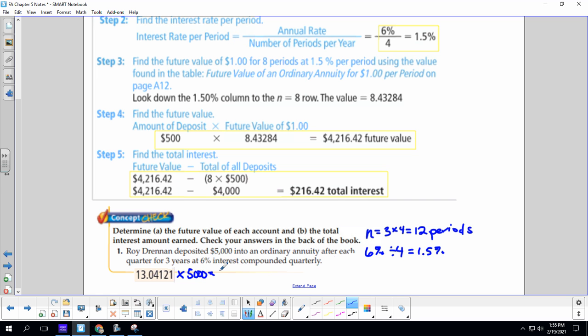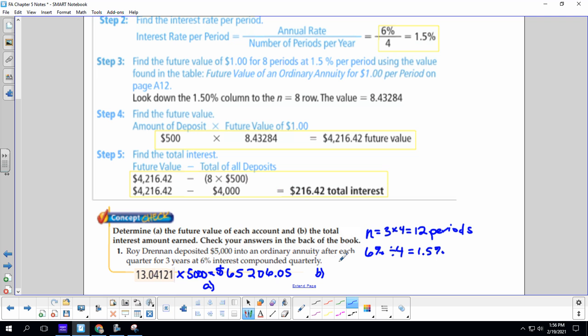So we do that on our calculator, and I'll do it on mine. 13.04121 times 5,000. Nice. So after 12 quarters, he will have $65,206.05. And that answers A, that's the future value.